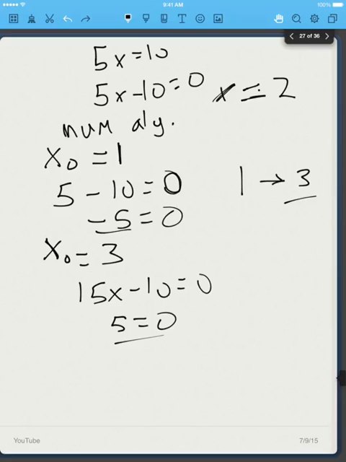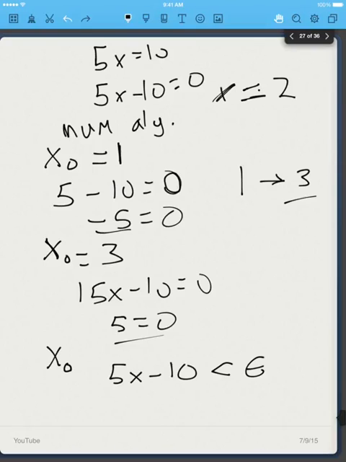So we can create an algorithm where we guess x0 and keep plugging it in, look at 5x minus 10, and if its magnitude is less than some tolerance, say epsilon, we know we're there.